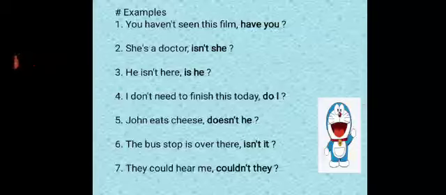Isn't it? Given statement positive. Added tag negative. One more example. They could hear me. Couldn't they? Couldn't is the abbreviated form of could not they, right? They could hear me. Couldn't they? Given statement positive, tag added negative.